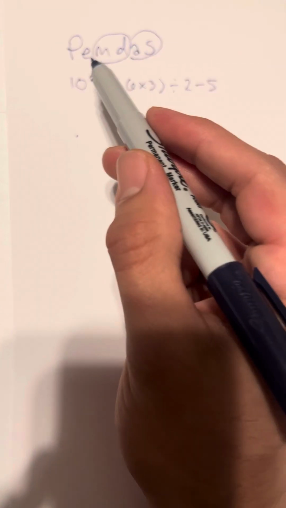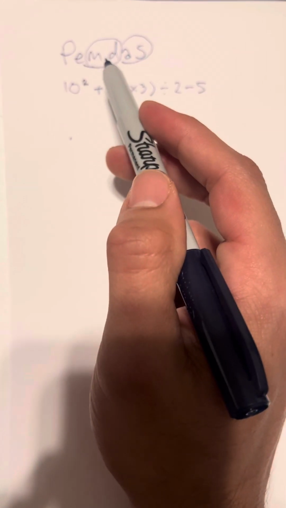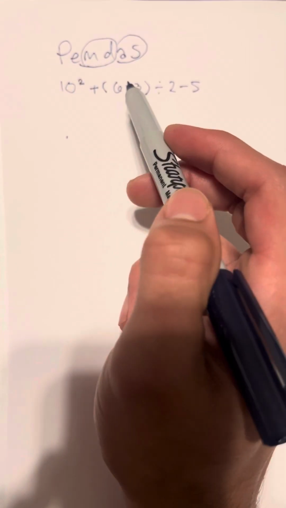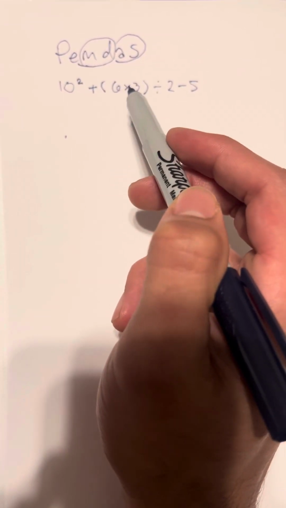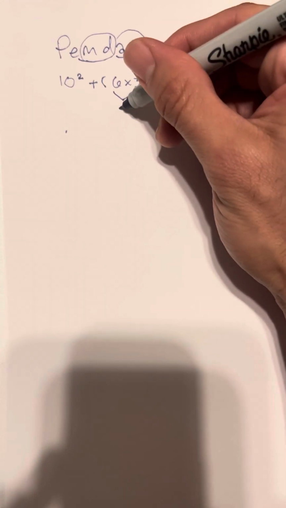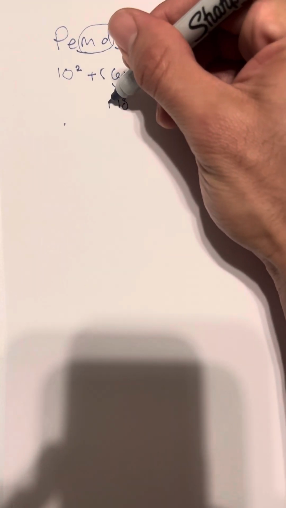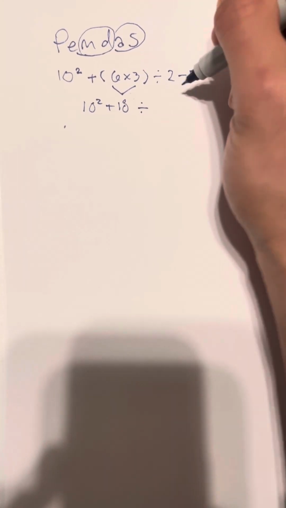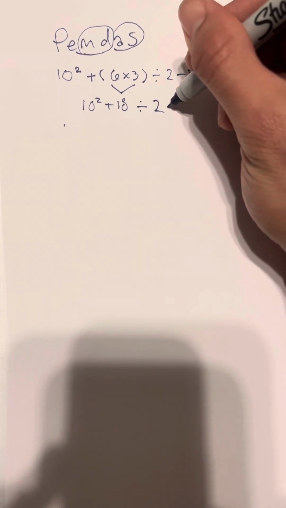So we'll go back to our PEMDAS, follow the order of operations. Do we see any parentheses? Yes, we will do what's in the parentheses first, which is 6 times 3 is 18. Then we just drop the rest of the equation and solve it step by step.